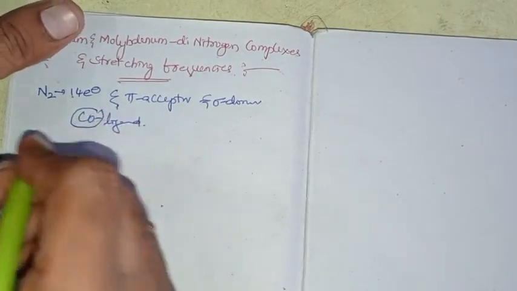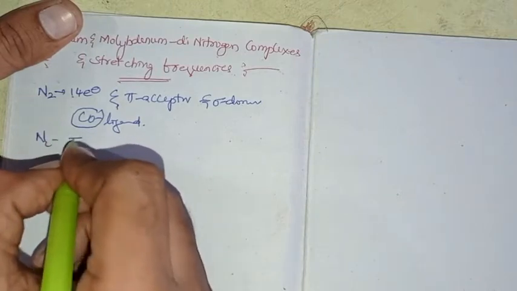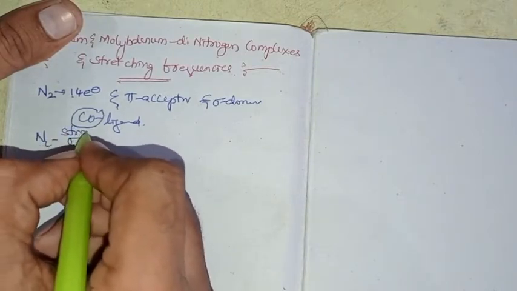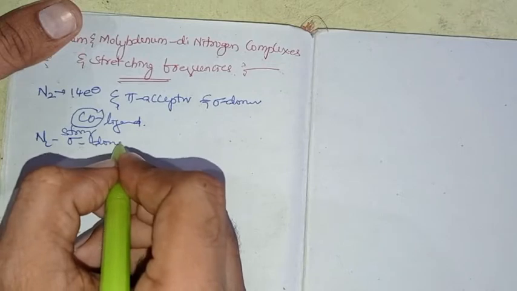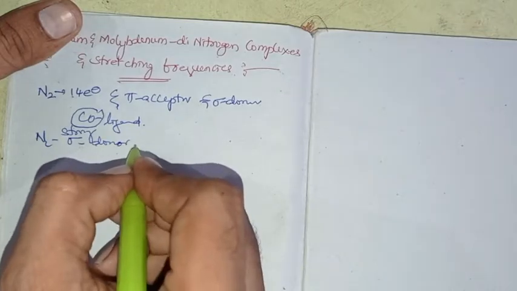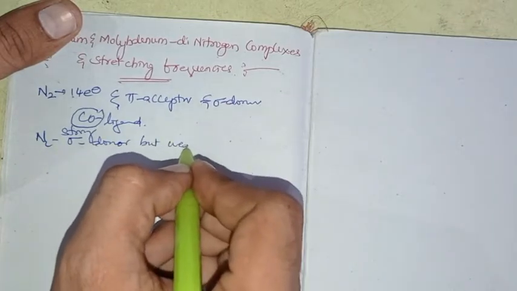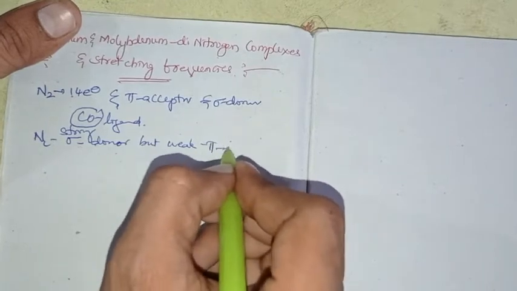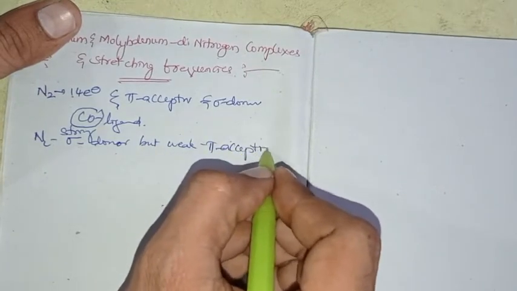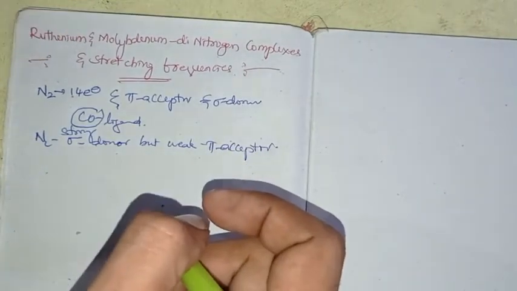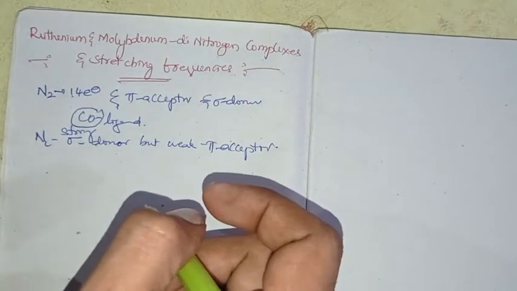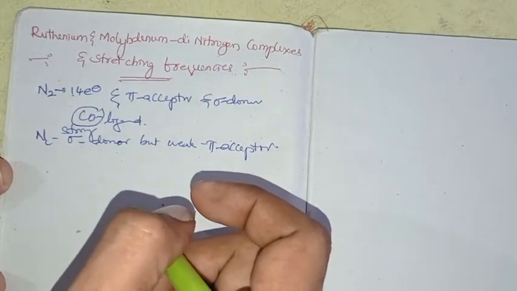But the thing is, dinitrogen is a strong sigma donor but a weak pi acceptor, whereas we know that carbonyl is a strong sigma donor and a strong pi acceptor.